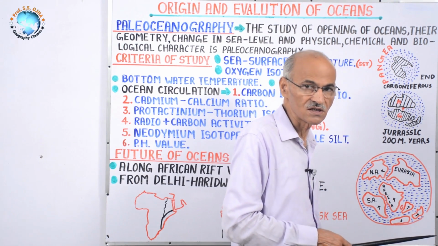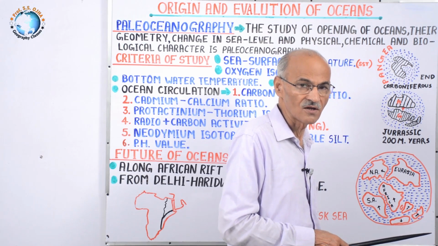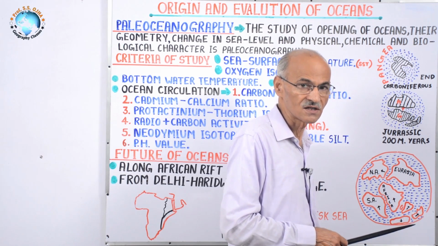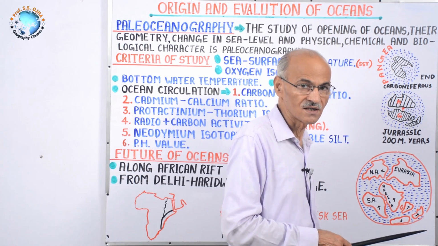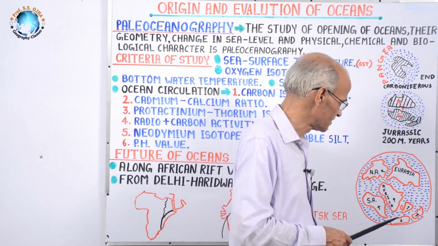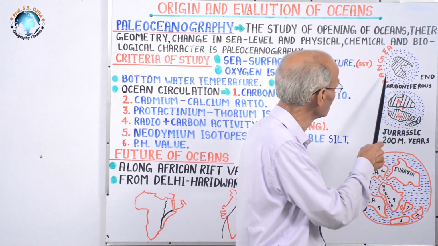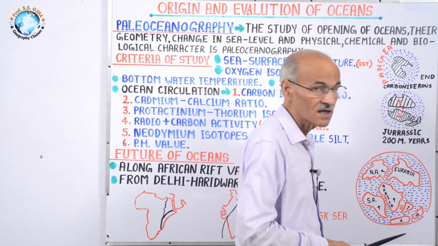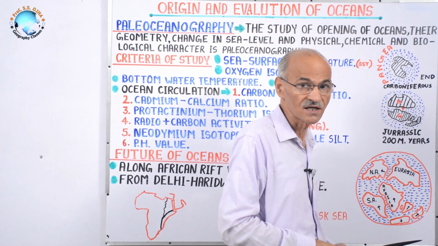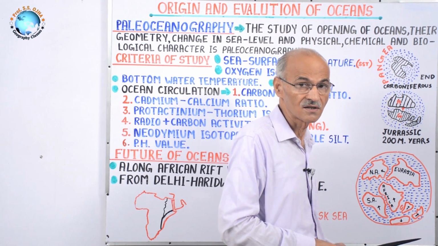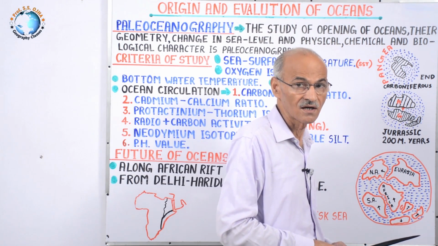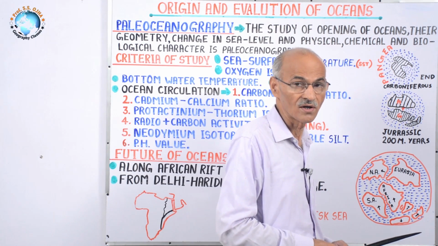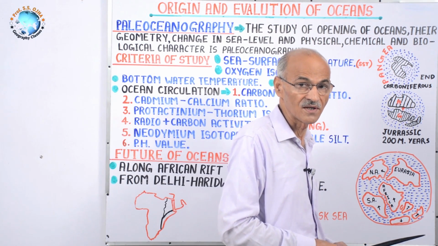So this is history, or this is paleoceanography, or history of opening of continents or water bodies. Now, what about Panthalassa? Panthalassa is shrinking, and it is a law of nature that one day, if you have the vastest area, the days are near when you will have minimum area.